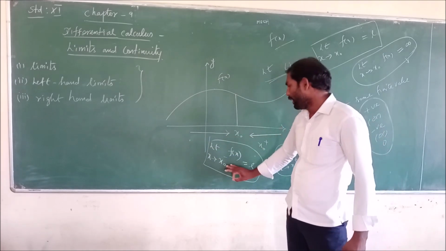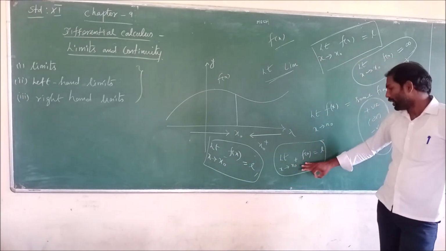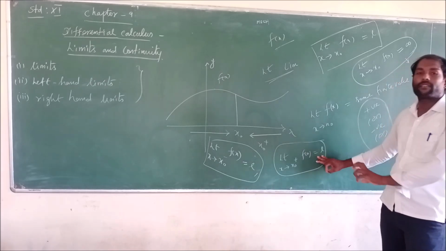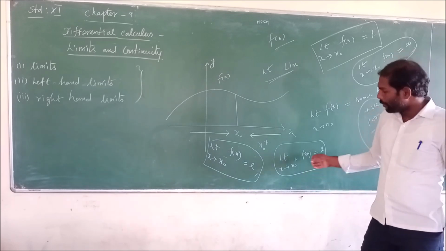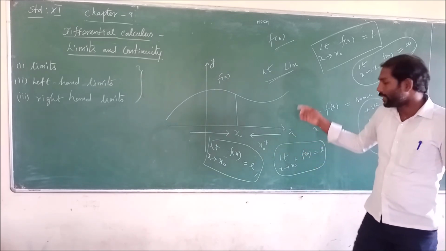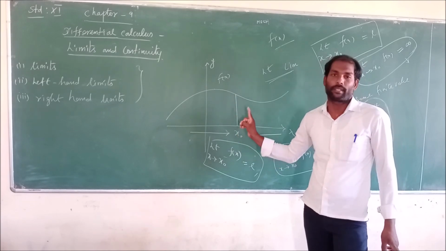It is clear that if the left hand limit equals some finite value, and the right hand limit also goes to some finite value, and both values are equal, then the limit of the function exists at the point.